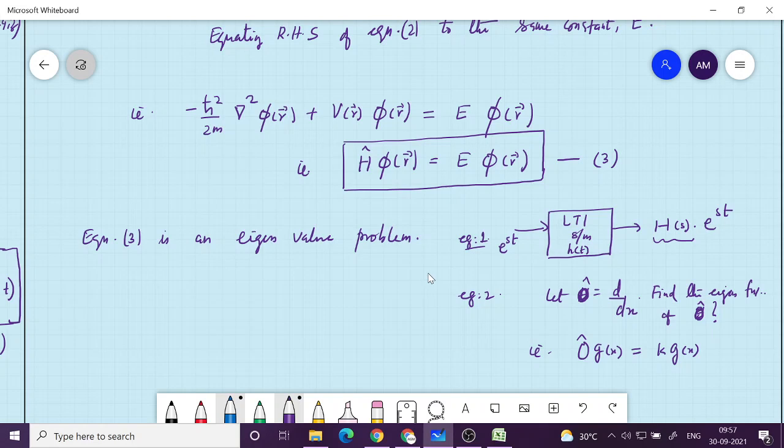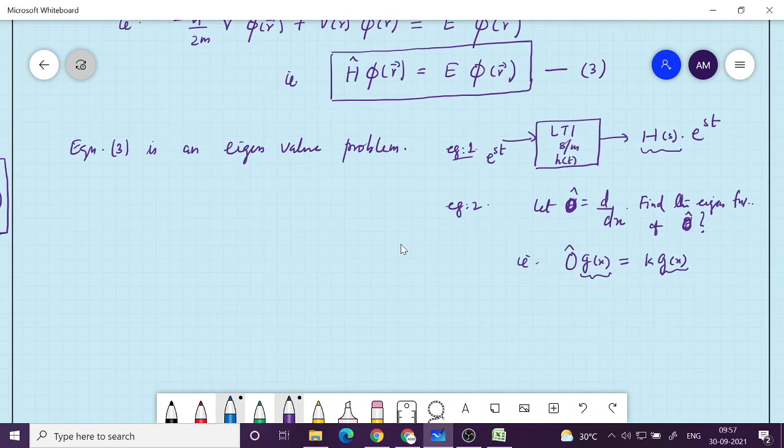So find the function g of x which will satisfy this property, that is, when it is operated with the operator d by dx, d by dx of g of x is equal to k g of x.